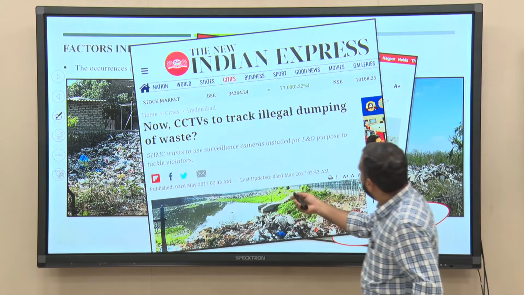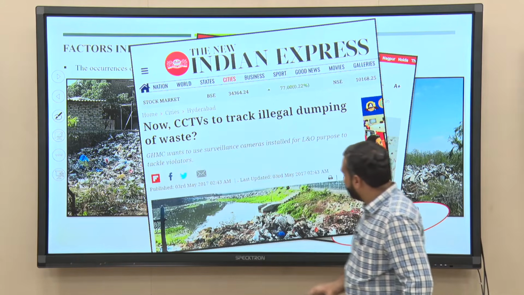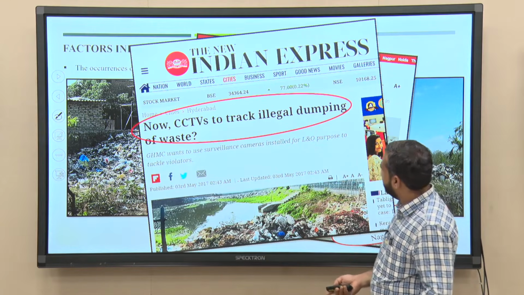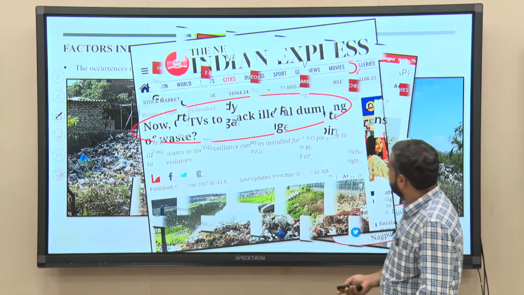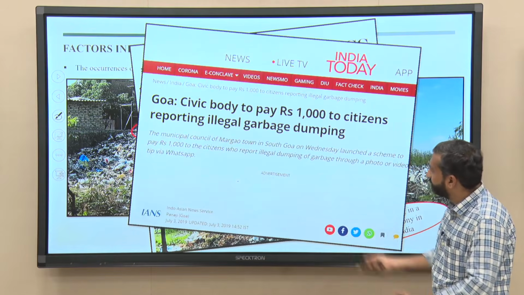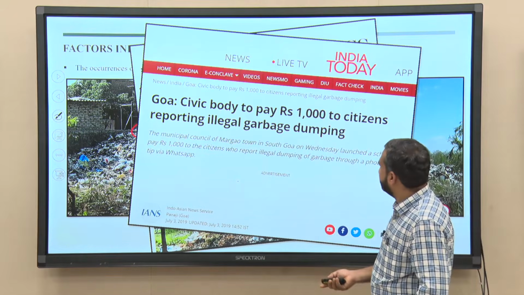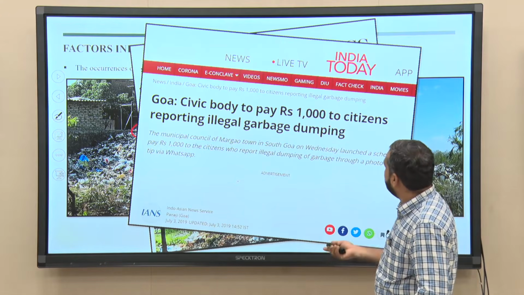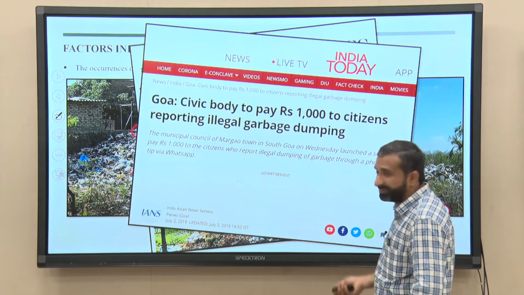Some cities have also started using CCTVs to check illegal dumping. This is one news item from Goa, where they put a fine of rupees 1000 for illegal garbage dumping.